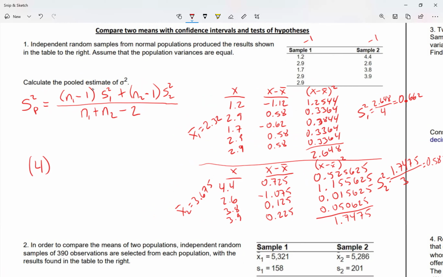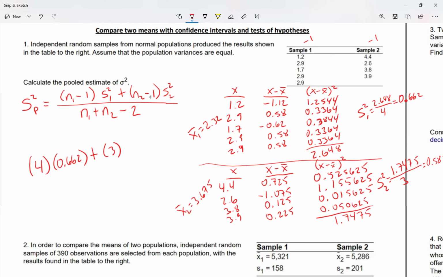There were 5 numbers in sample 1, so 5 minus 1, that's how I got the 4, times my variance of sample 1, which was 0.662, plus N2 minus 1, which is 3, because there were 4 numbers in sample 2.